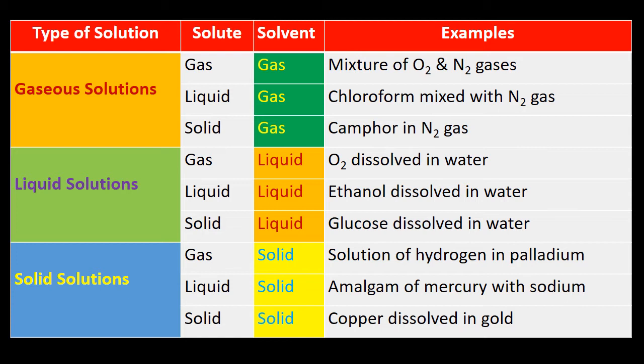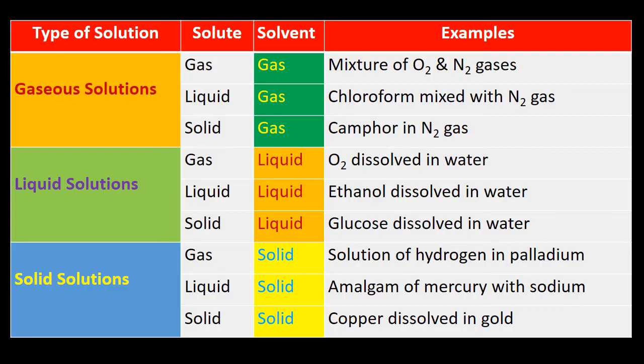An example of gas in gas solution is a mixture of O2 and N2 gases. Both are gases here. In case of liquid in gas solution, chloroform mixed with nitrogen gas. Here chloroform is solute and nitrogen is solvent.